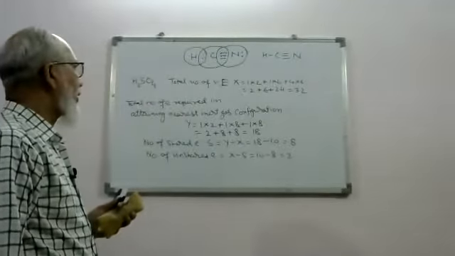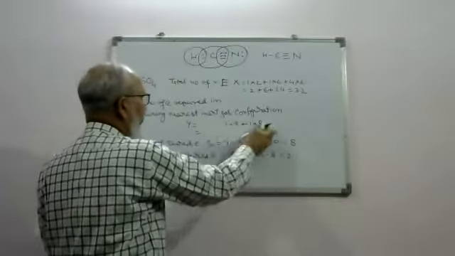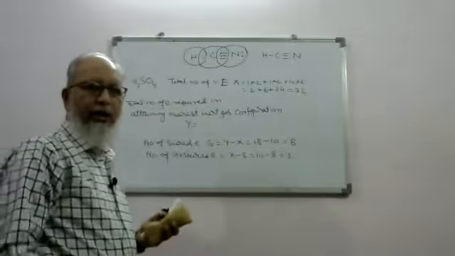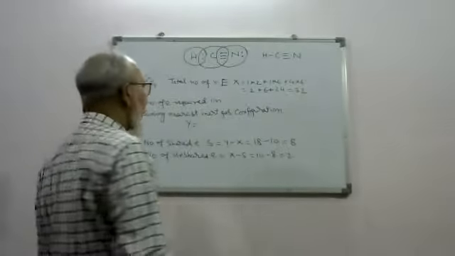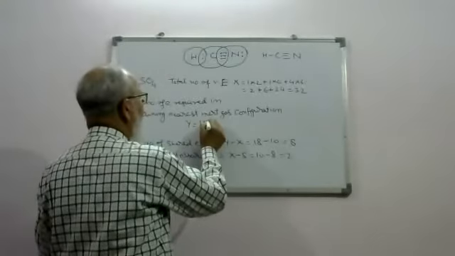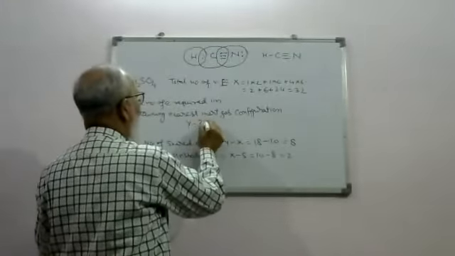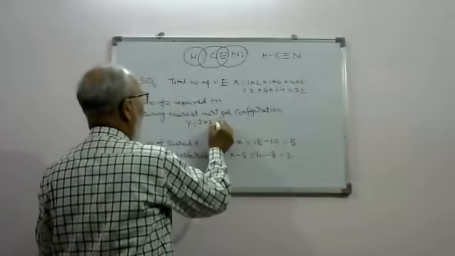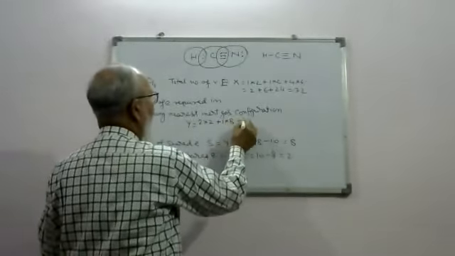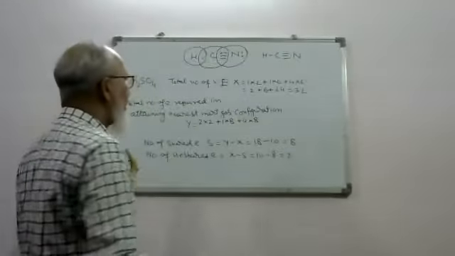Now, total number of electrons required in attaining inert gas configuration. Again there is hydrogen atom, and this hydrogen atom will complete its duet. Therefore this will be 1 into 2 into 2, 2 hydrogen atoms, plus 1 into 8 plus 4 into 8. 4 oxygen atoms are there.